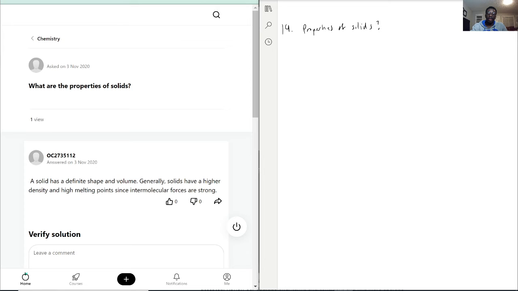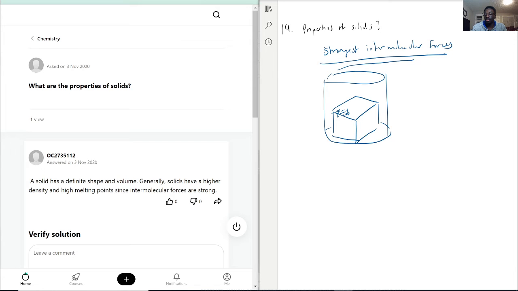The reason being is that you have all these molecules close to each other, and their intermolecular force is so great that it can keep its shape. Like if you put it in a container, for example, it would not flatten down and take the shape of the container.